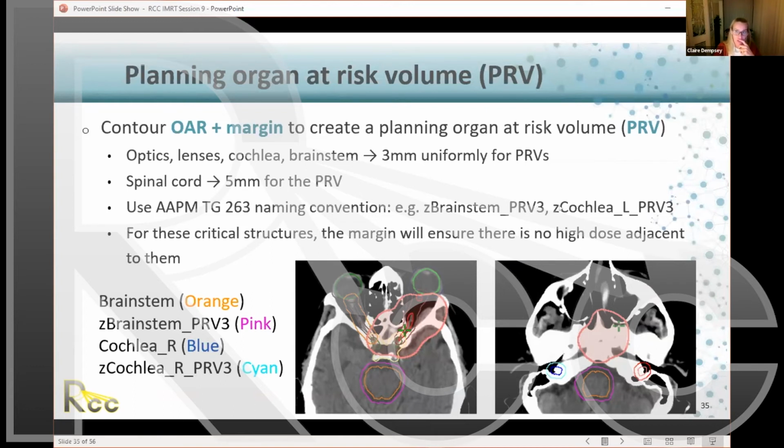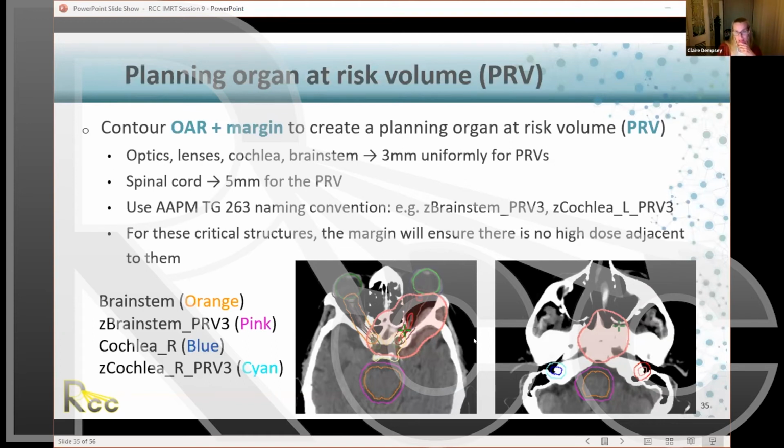Same thing for the cochlea. So we've done the left cochlea, it's a planning organ at risk volume with a 3 millimeter margin. So by having these structures, that extra margin just ensures that the risk of high dose going into those really critical areas is minimized.